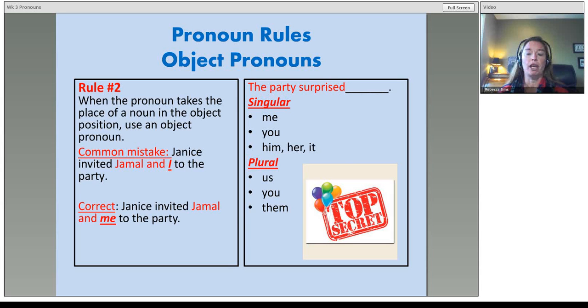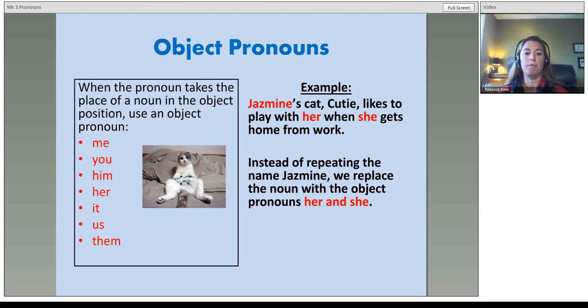Singular would be me, you, him, her, or it, and plural would be us, you, and them. So the party surprised blank. In the object pronoun position, we would use either our singular or our plural options.